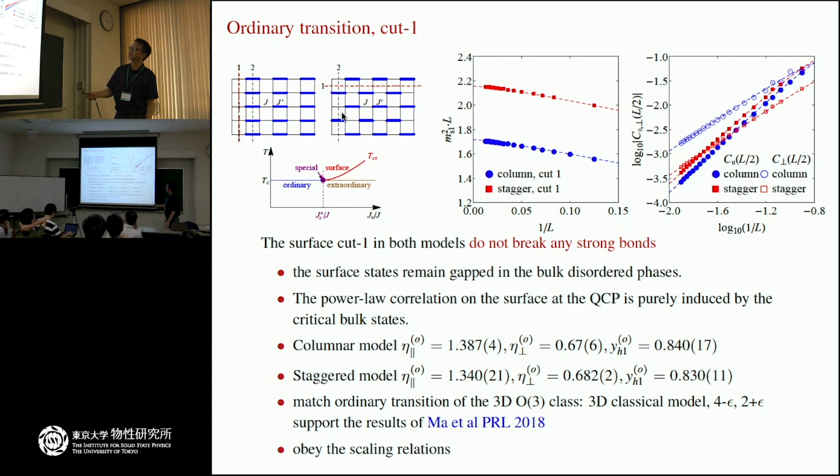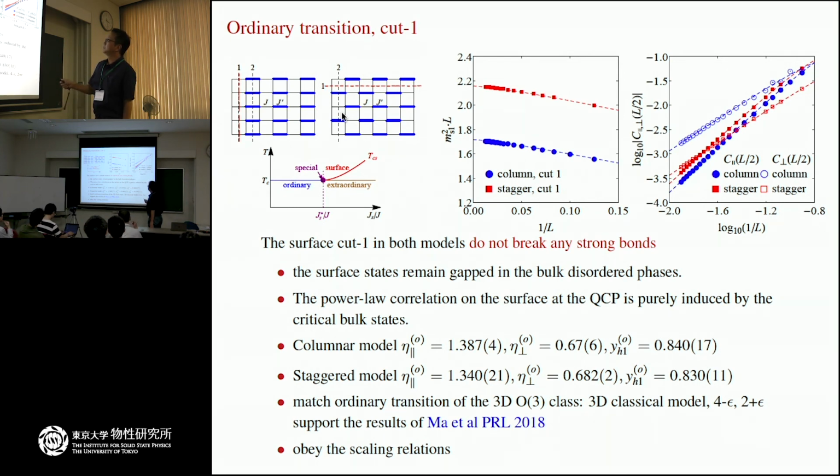If you measure this susceptibility-like quantity, you can see this is 1 over L. It converges to a finite value C. And this power-law relation gives you Y sub H1.